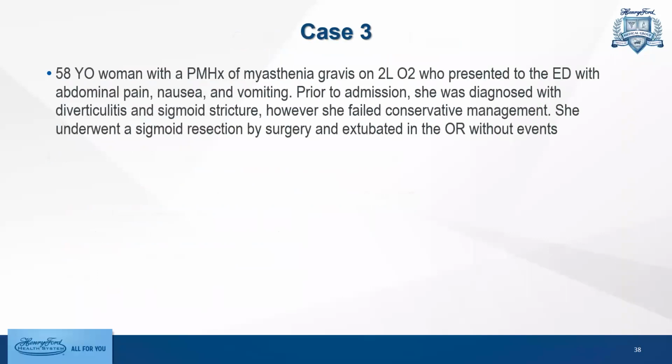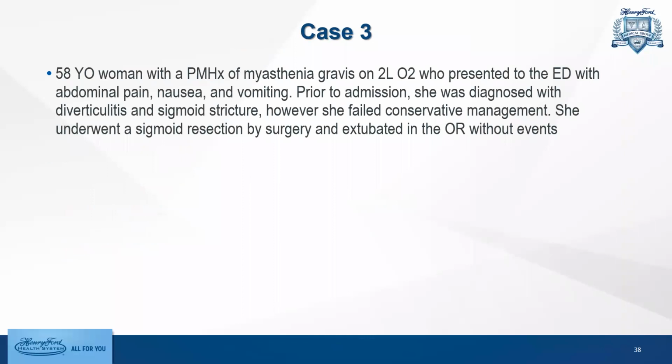Okay, case 3. A 58-year-old woman, I might add true story, past medical history of myasthenia gravis on 2 liters at home, presented to the ED with abdominal pain, nausea, vomiting. Prior to this admission, she was diagnosed with diverticulitis, sigmoid stricture.